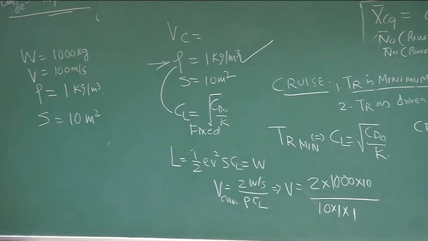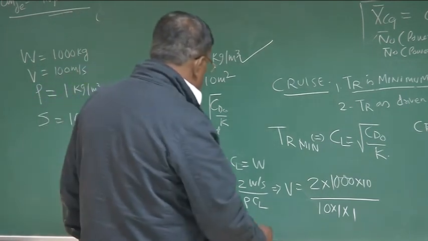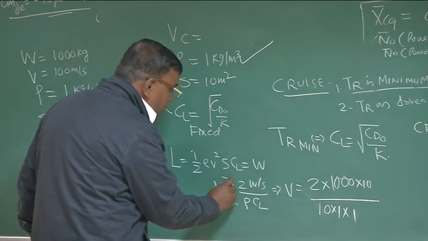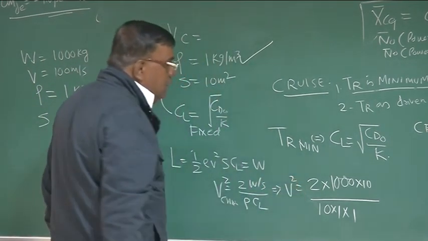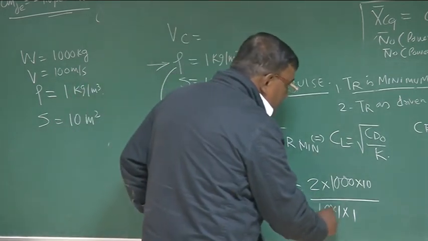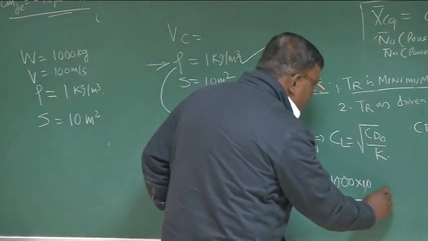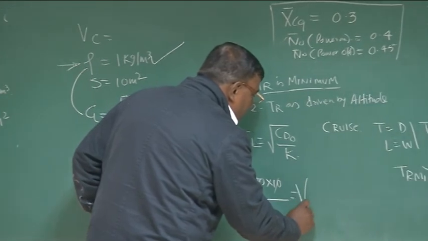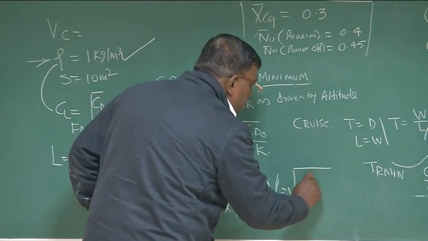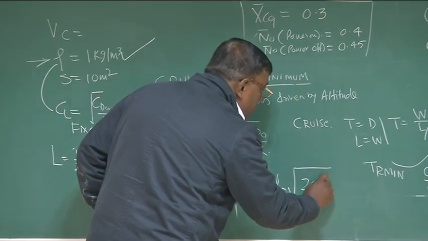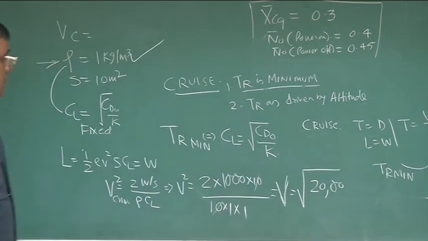Okay, 2 W by S rho CL. So, this gives me how much? This is of course V square equal to this. So, this is this 10, 1 goes here. So, V will be equal to under root of 2000.